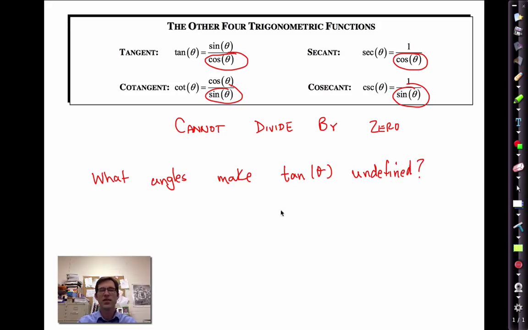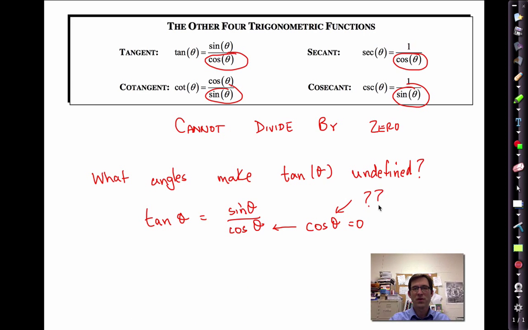What angles make tan theta undefined? Well, the tangent of theta will be sine of theta divided by cosine of theta. Now, the only way tan theta is going to be undefined is if cosine theta is equal to 0. But what angles make cosine theta equal to 0? Well, let's go back to the unit circle.